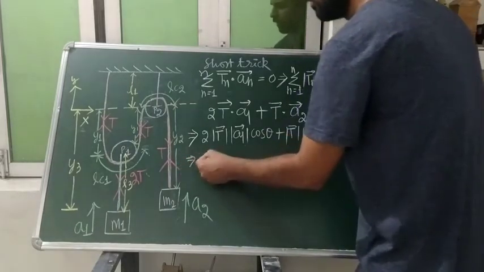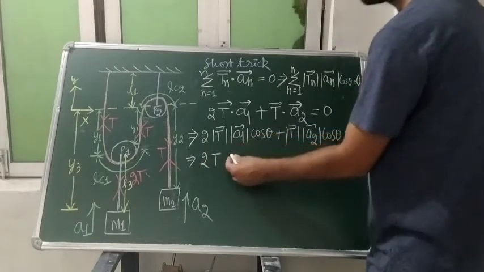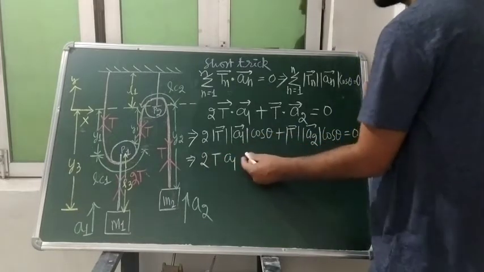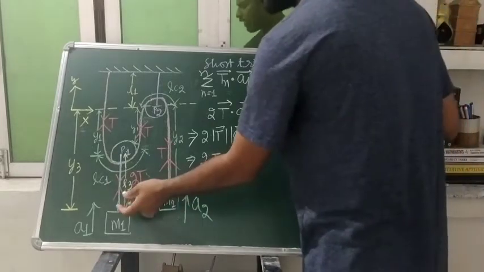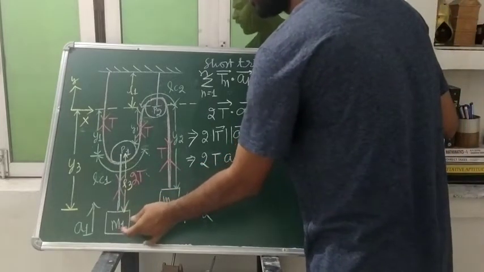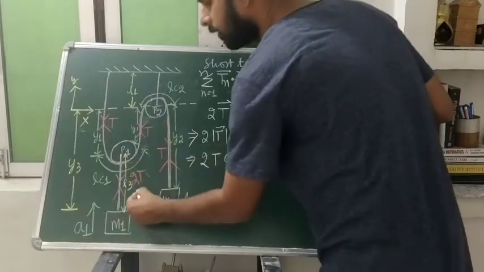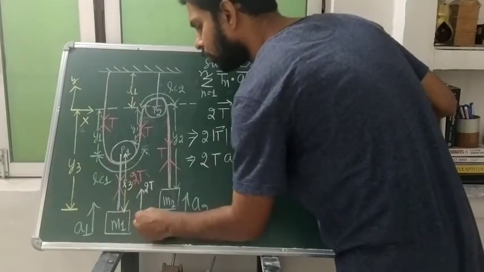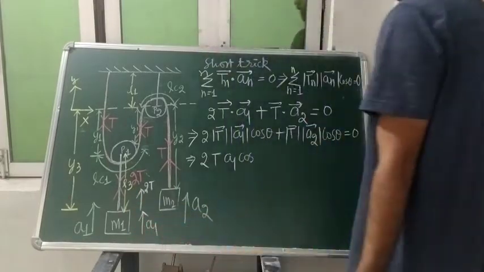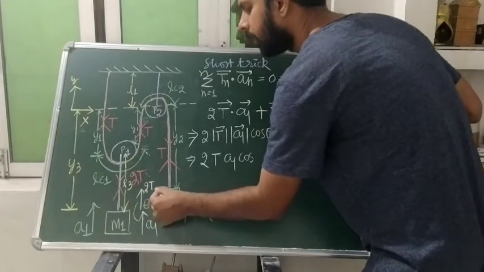Suppose the magnitude of this tension is 2T and the magnitude of this acceleration is A1, and cos theta here for block 1: the tension 2T is upside, and the acceleration we have assumed is also upside. So the angle here will be 0 degree.